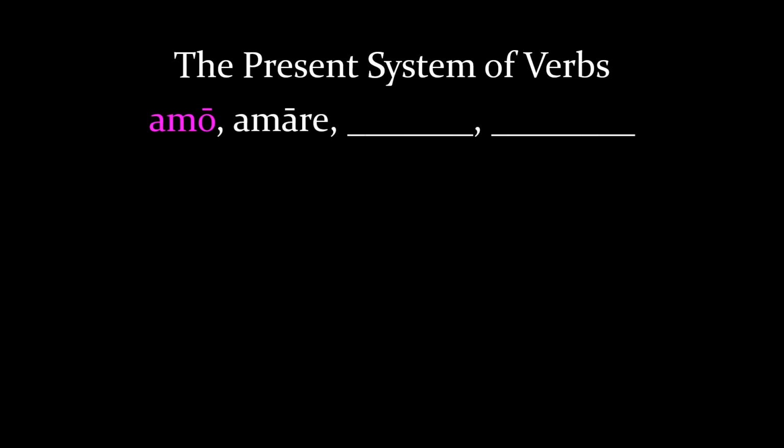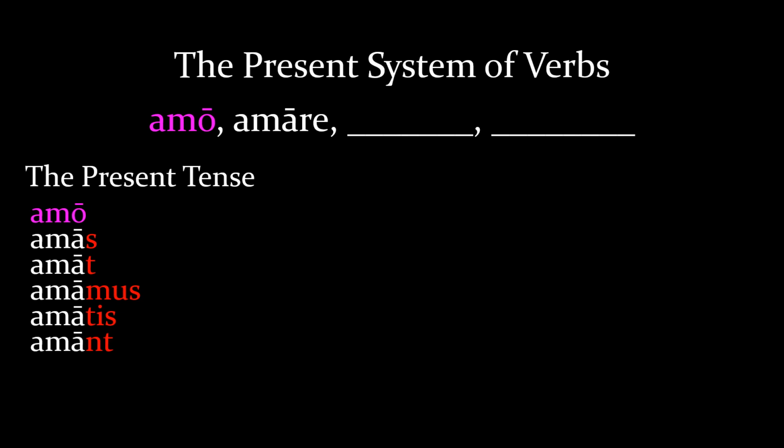So we look at our four principal parts. We're not looking at the third and fourth right now. We're leaving those lines blank. And to build our present tense, we just do what we've been doing since the beginning of the year. We'll use amo, I love, or I am loving, or I do love. Amo, amas, amat, amamus, amatis, amant. Look at those red letters.